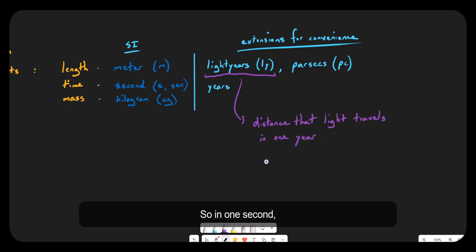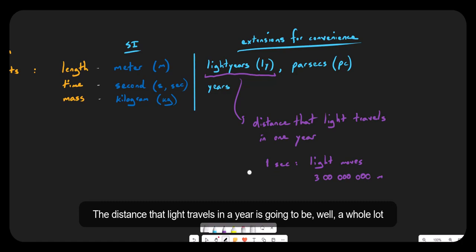So, in 1 second, light moves 300 million meters. That's a lot. The distance that light travels in a year is going to be, well, a whole lot more than that. So this is a good measure because it gives you something that scales out pretty easily.